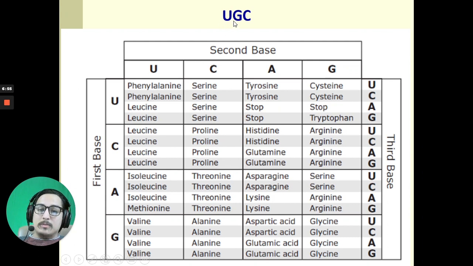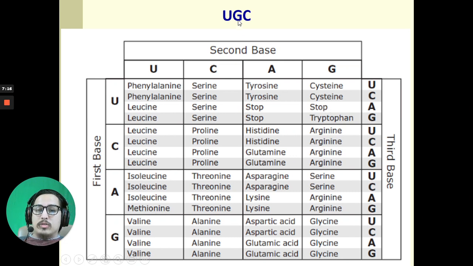The first letter is U, so you look here. The U is right here on top. That means that the answer is going to be on this row, across. Look at my mouse. The answer is one of these.